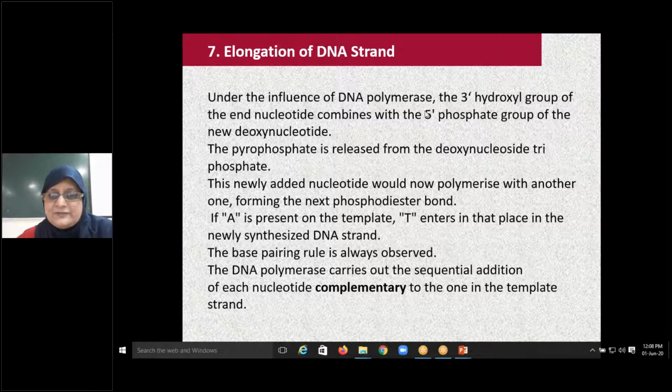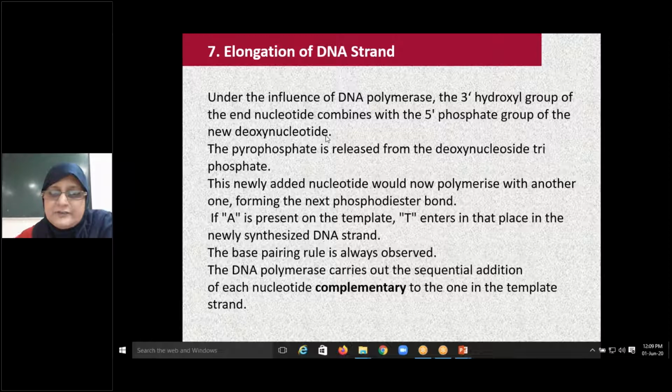So under the influence of DNA polymerase, the 3' hydroxyl group of the last nucleotide combines with the 5' phosphate group of the new deoxynucleotide.